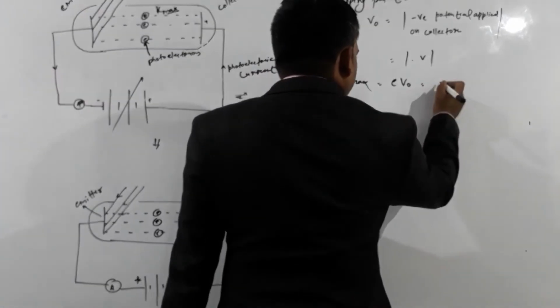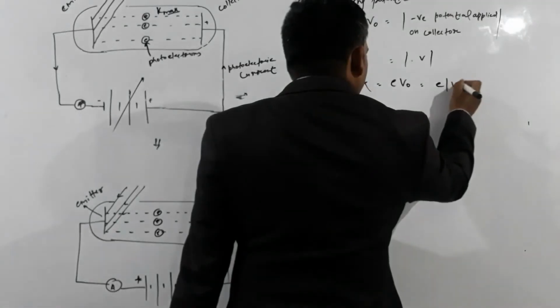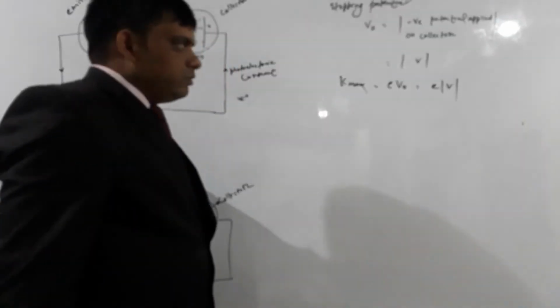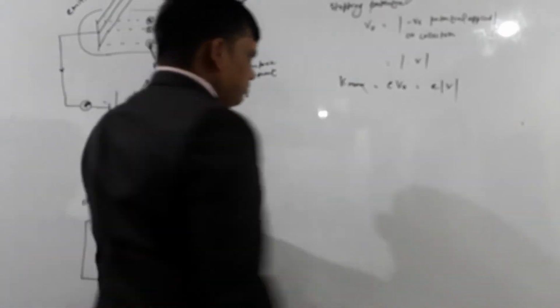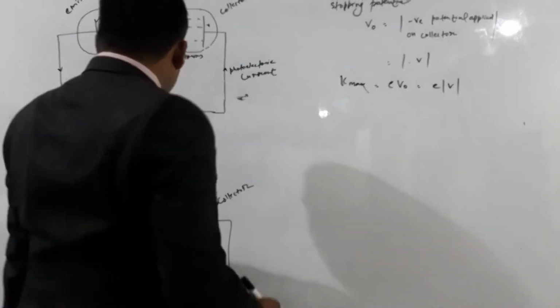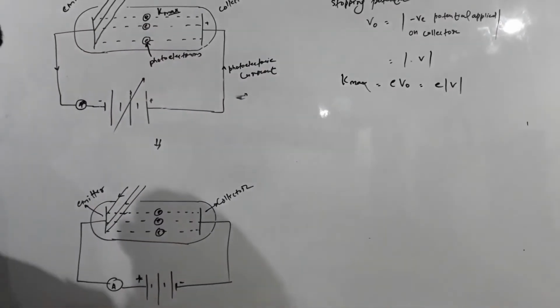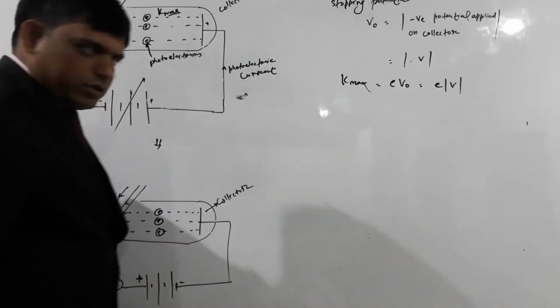And this is equal to e|V|, where V is the negative potential applied on the collector, so that the electrons, here photoelectrons, do not fall on the collector.